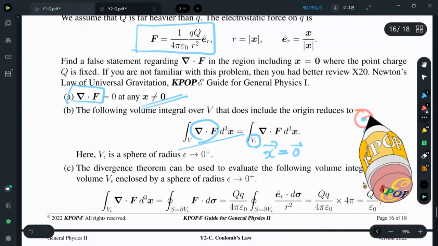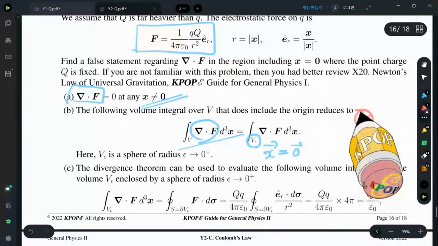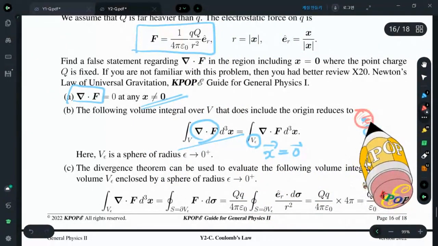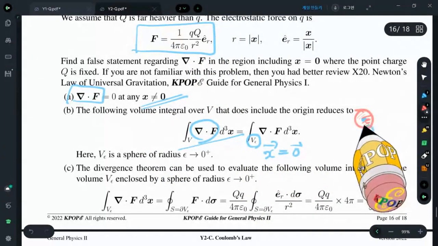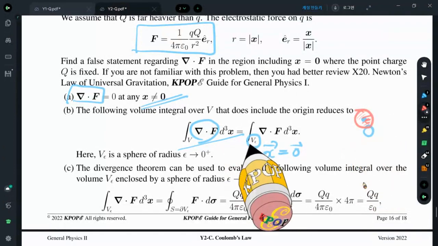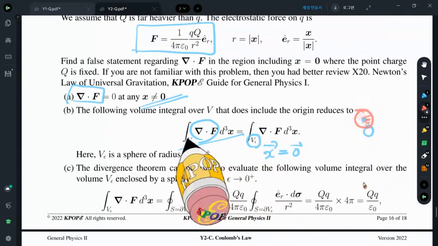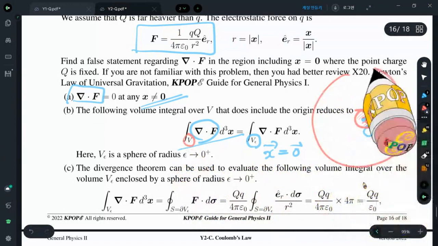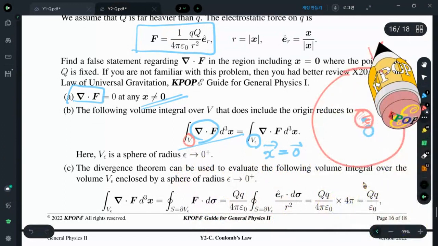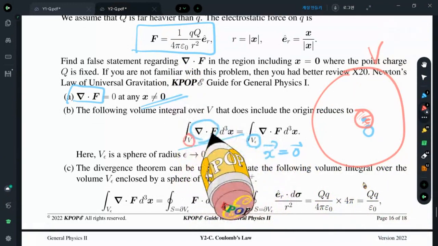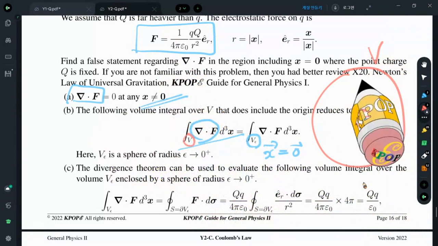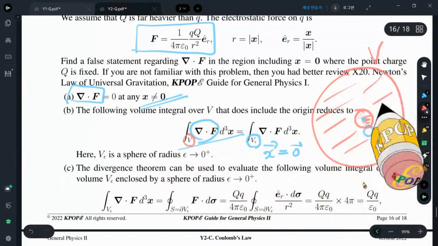There is a very tiny radius epsilon, and we can consider this a very tiny sphere, except that among V, this is a general V, the divergence integrand is exactly 0 everywhere else.